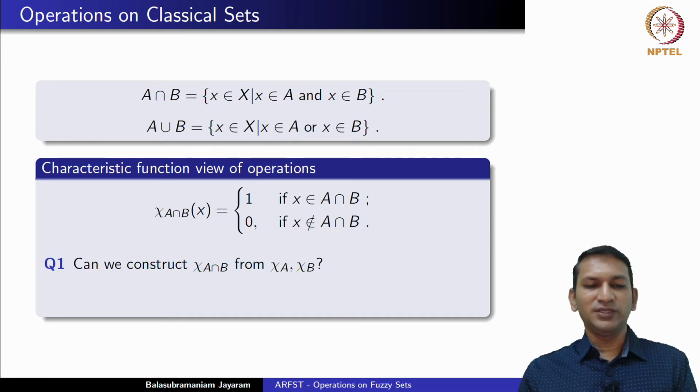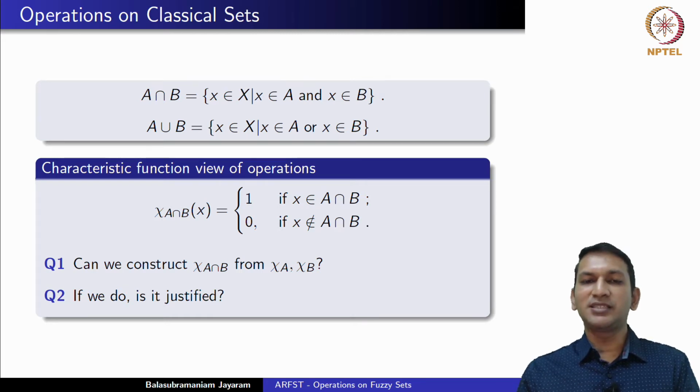The question now is, can we construct this chi of A intersection B, the characteristic function of A intersection B, given the characteristic functions of A and B? Second question is, if we do, is this kind of a construction justified? Now let's look at each of these questions in this order.